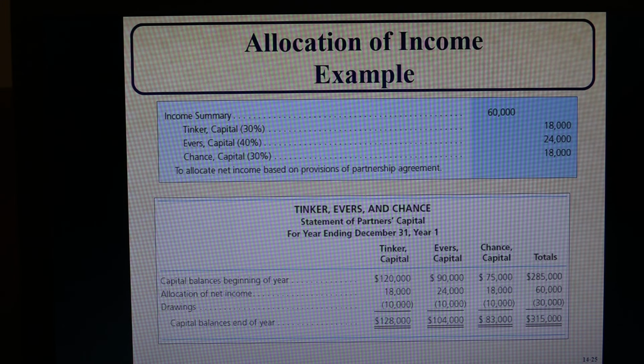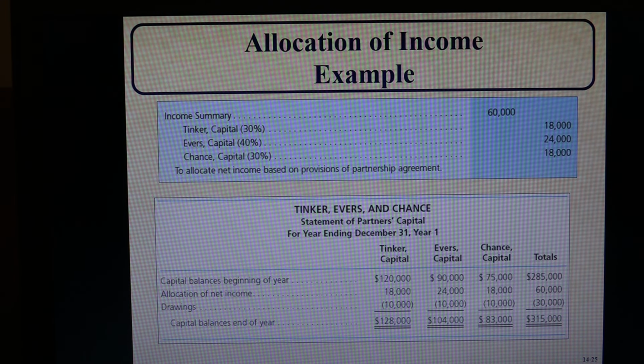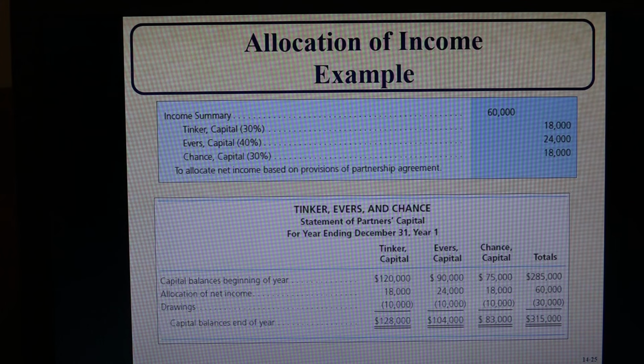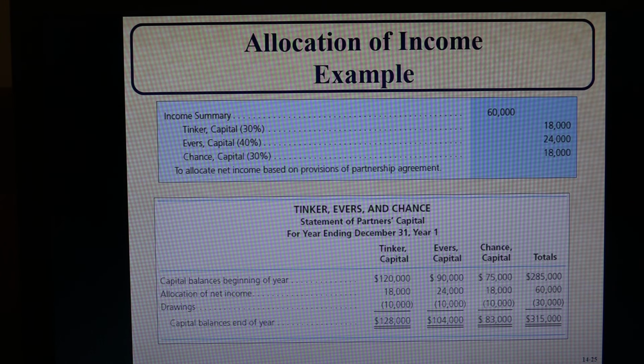And so draw accounts reduce each partner's capital account. Each partner here during the year took a draw of $10,000 per the agreement. And so you create this temporary account called the draw account for each partner. But at the end of the year, you close those draw accounts because they're temporary.